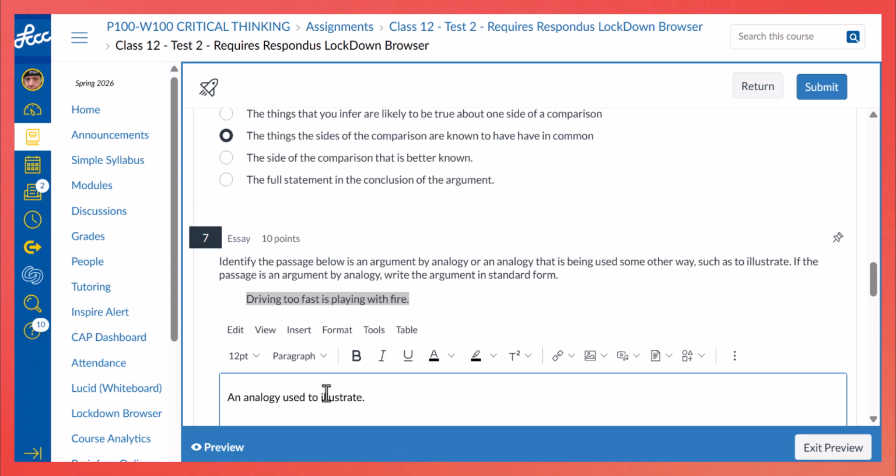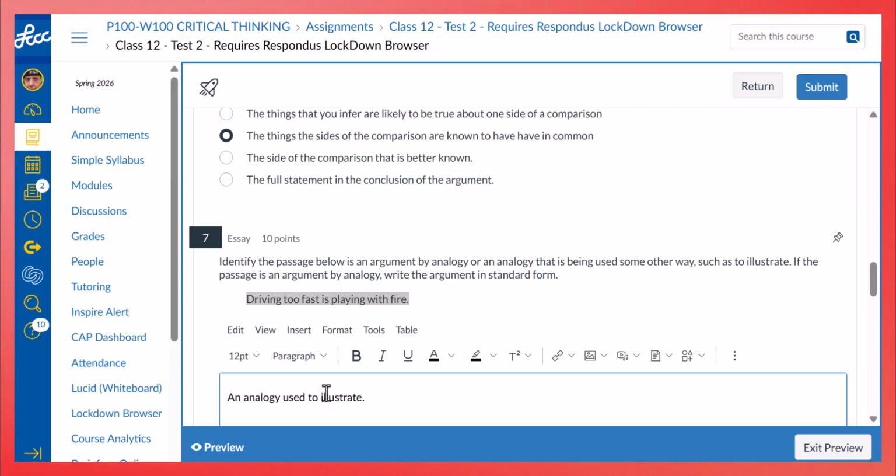So one mistake that I get from at least one student every semester is you write something ambiguous here, like this is just an analogy. Well, I need to know which kind of analogy it is. Or sometimes people will write what I almost wrote there and had to stop writing, an argument used to illustrate, which kind of mushes together the two ideas.